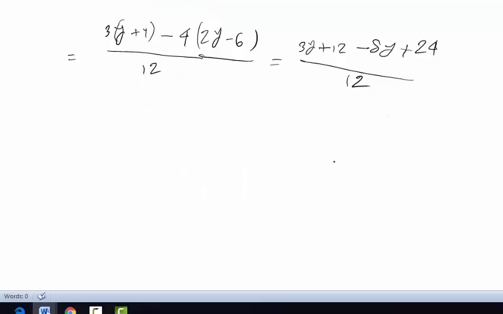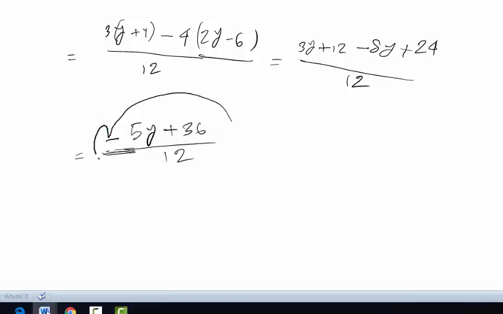The next line would be 3y minus 8y, which is negative 5y, and then 12 plus 24 is 36, divided by 12. This is the simplified solution of the expression above.